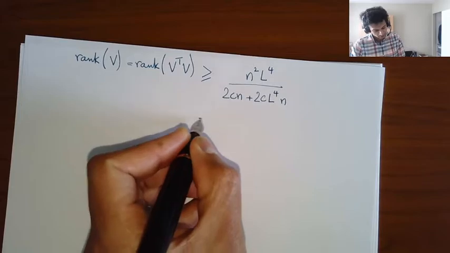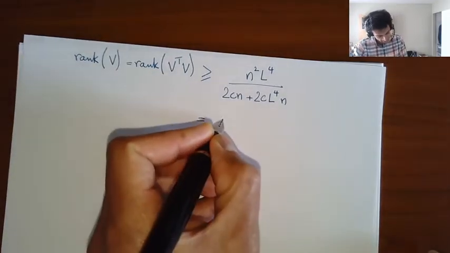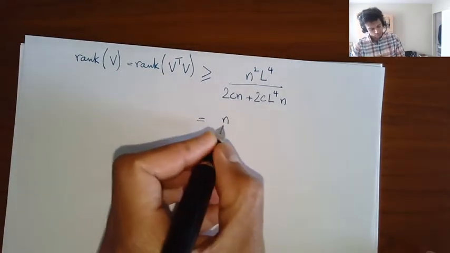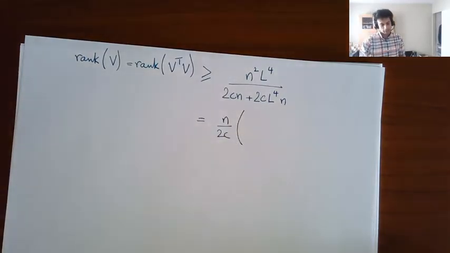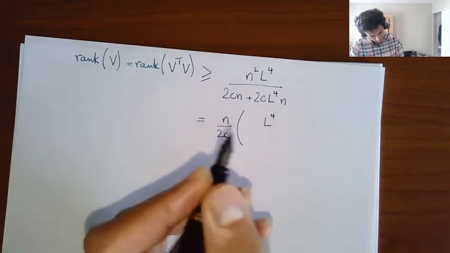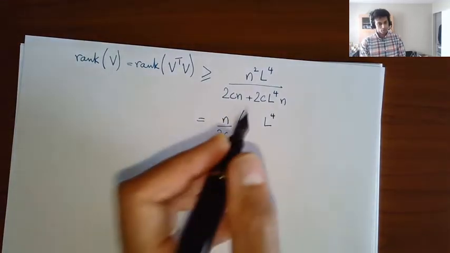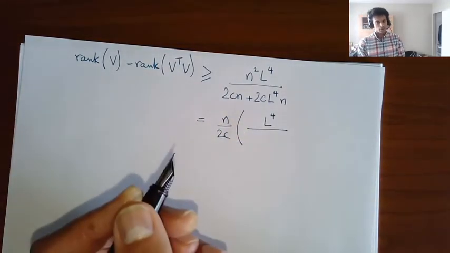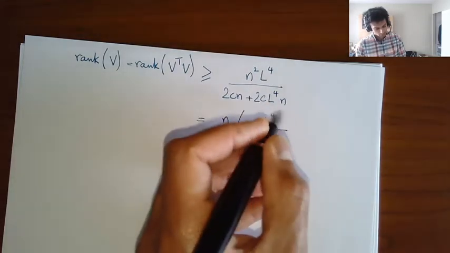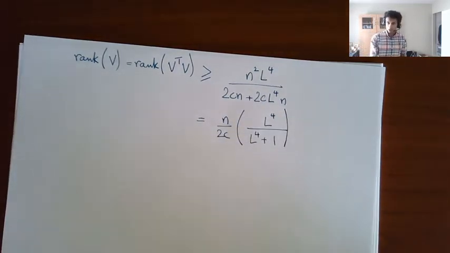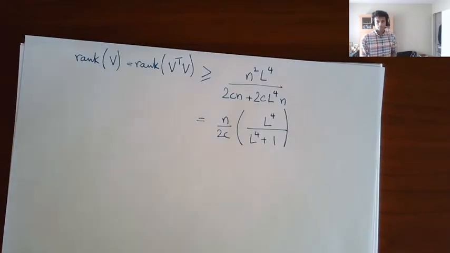So if I move things around, I get n divided by 2c times L to the fourth divided by L to the fourth plus 1. And this is what I get.